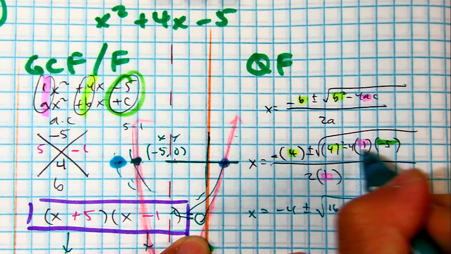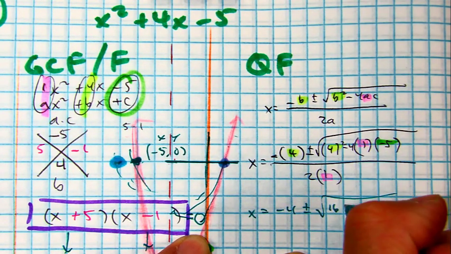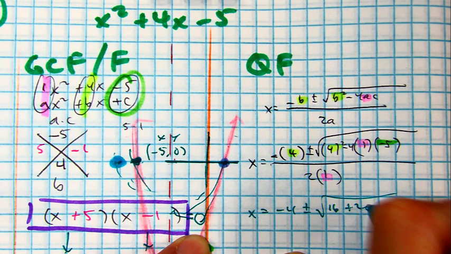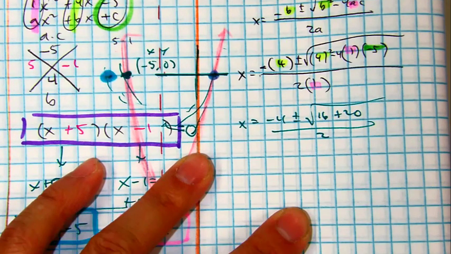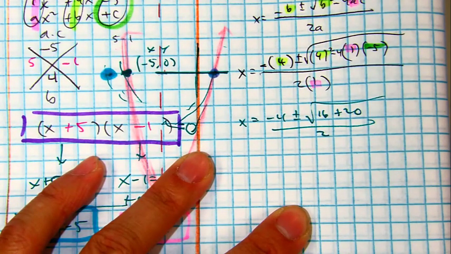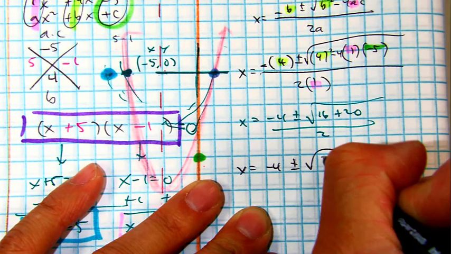Negative 4 times 1 is negative 4. Negative 4 times negative 5 is plus 20. And then I'm just going to go ahead and simplify it. x equals negative 4 plus or minus the square root of 36 over 2.